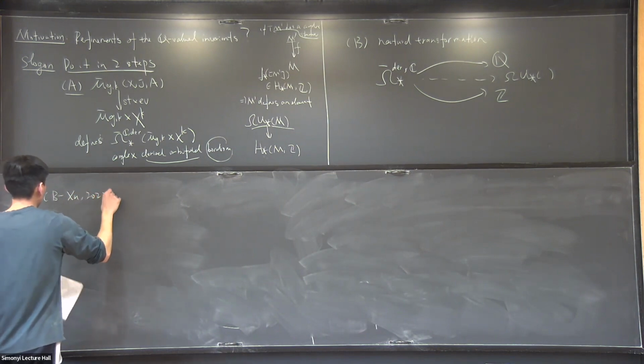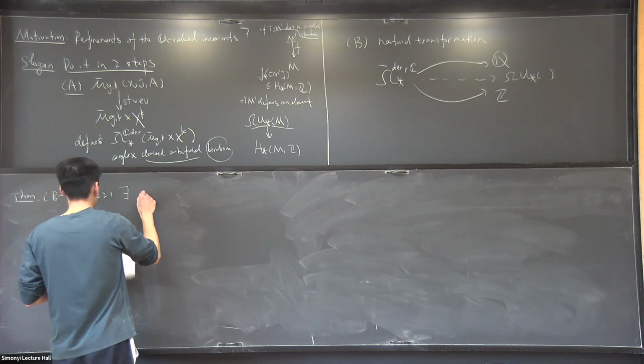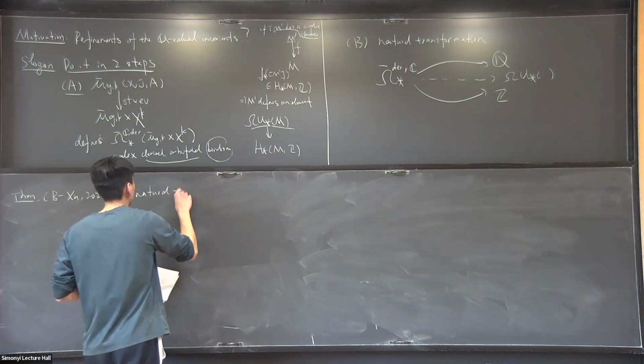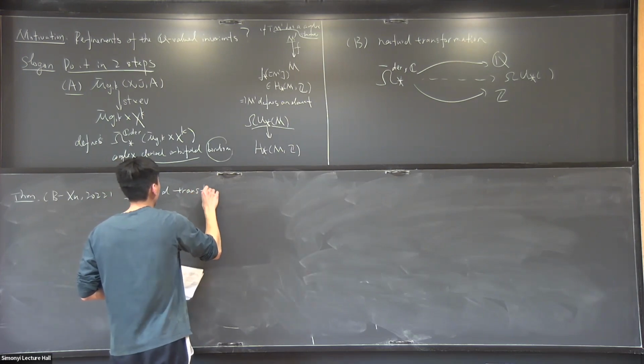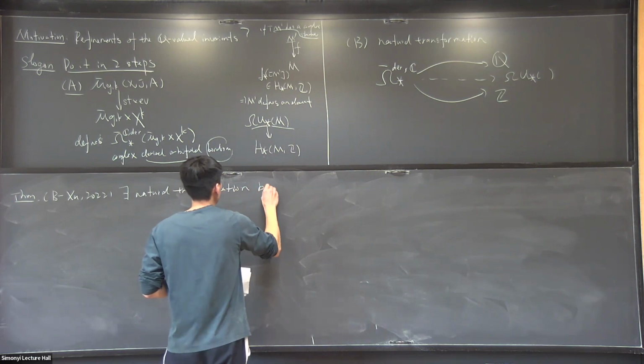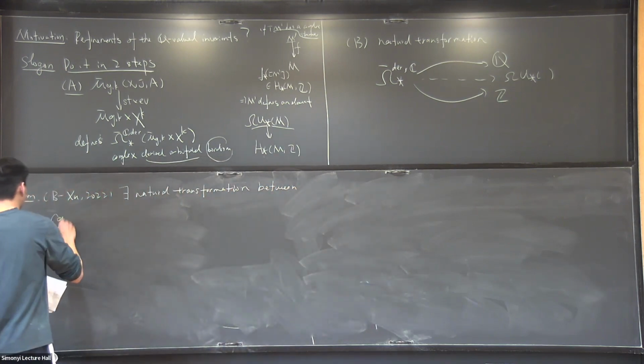it was on arXiv early this year, and it says that there exists a natural transformation between generalized homology theories.